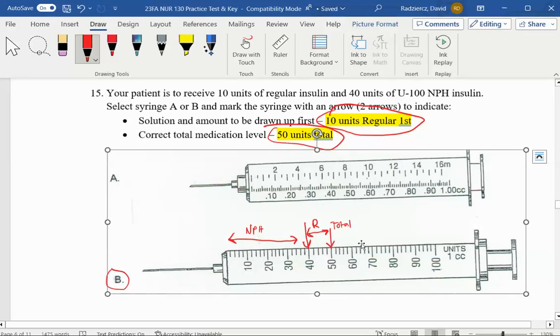The reason is that once everything has been mixed together, in a hypothetical situation, and again this is where things don't necessarily match up clinically, you could say that the regular would exist closest to the plunger side of your syringe, and the NPH would be closest to the needle side, which is why you mark it somewhat like this. Notice I did more than two arrows, but I want whoever is grading this to know that my regular is between 40 and 50, and that the NPH is between 0 and 40.